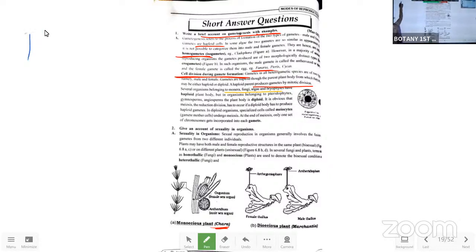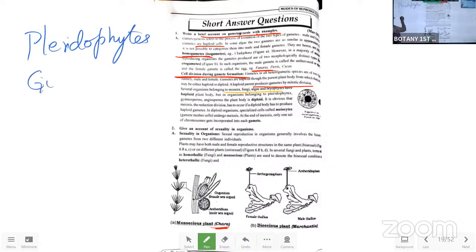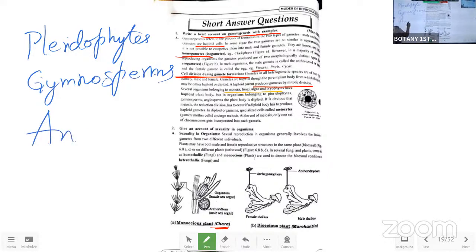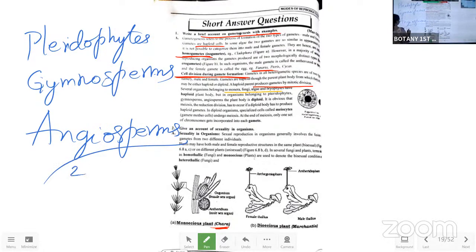In all these ones, the initial plant body is diploid. Then they will undergo the reduction division to form the haploid gametes.